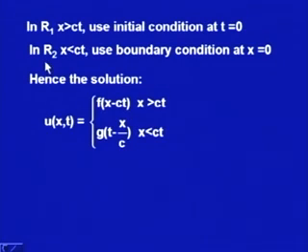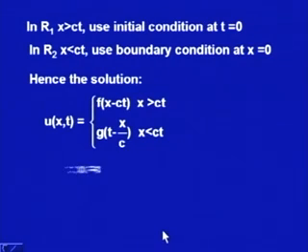Now, let us come to this region R 2, x is less than c t. I have to use the boundary condition because the characteristic is originating from the t axis. So, I have to take x is equal to 0. At x is equal to 0, what is the value of t? Let us say the value of t is t naught.